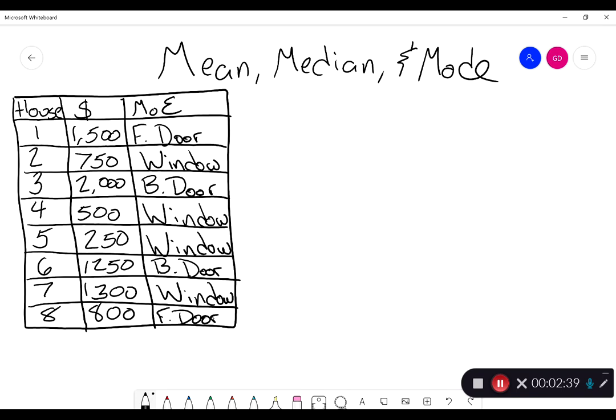So with the mean, this is where we want to find the average amount taken from each household. We're going to add the 8 values together.